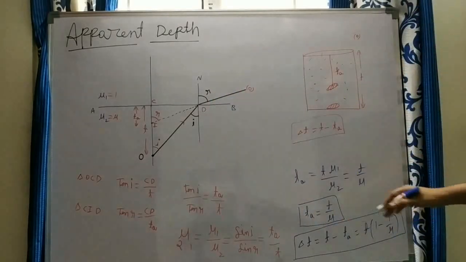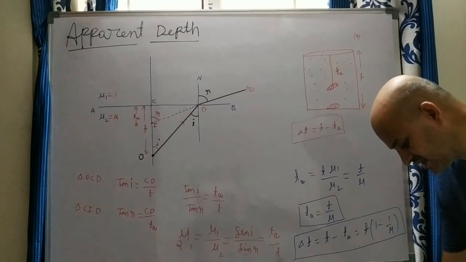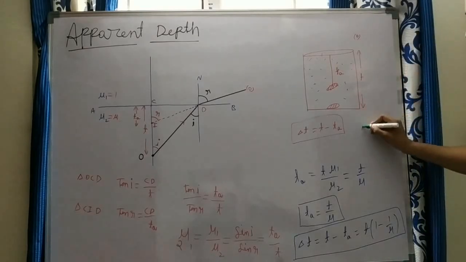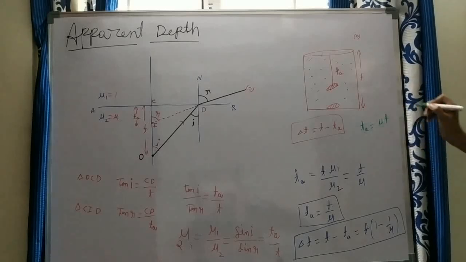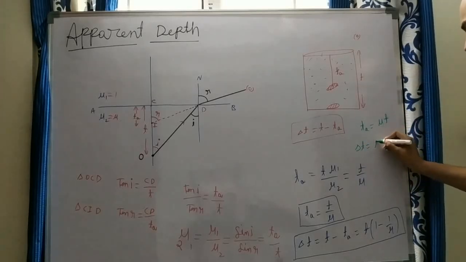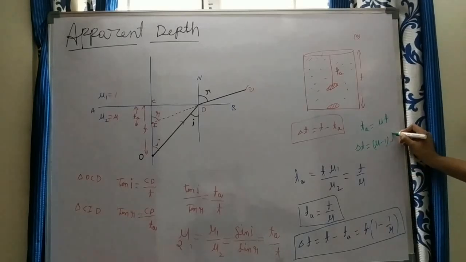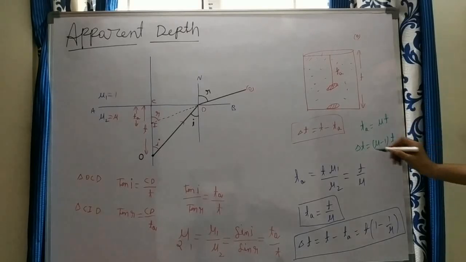Then in that case we get the reverse ratio, so T apparent, TA, is equal to mu into T. Shift in the position, delta T, is equal to mu minus 1 into T, actually T minus TA, where TA is mu into T.